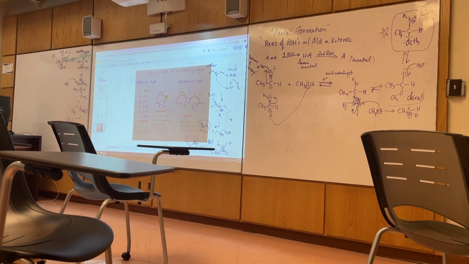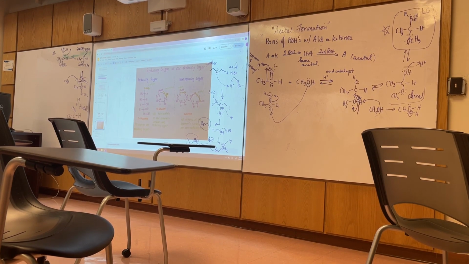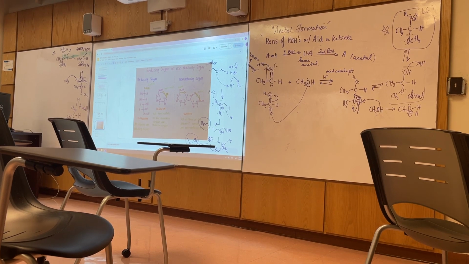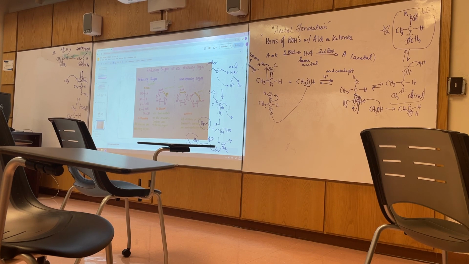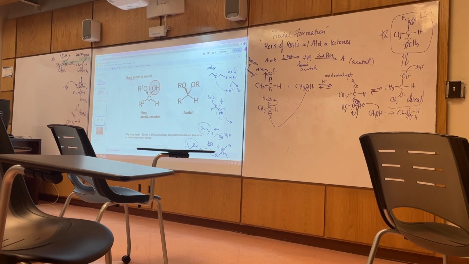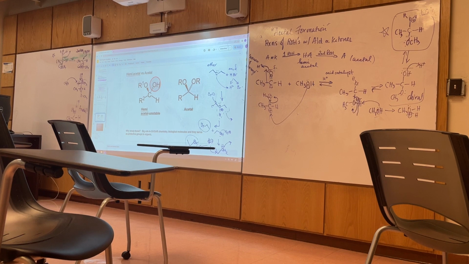Well, why does it happen, you might say? Well, because the aldehyde is reacting with 1 alcohol, and we make hemiacetal. Where's the hemiacetal? You see this guy here? This carbon where my cursor is? What does it take to have a hemiacetal? You have to have an R, an H, an OR, and an OH. Those are the 4 groups.